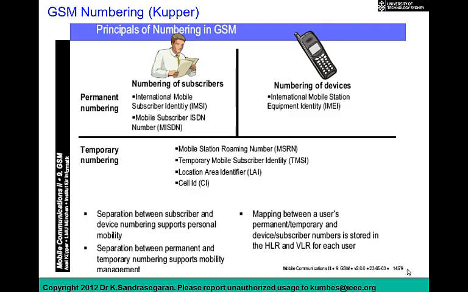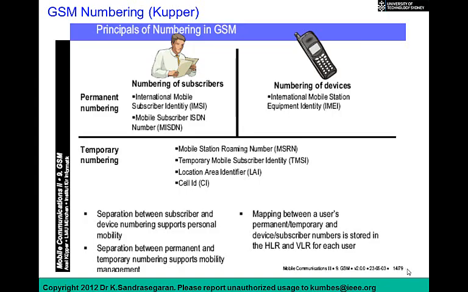We have numbers that are permanent and numbers that are temporary, and also numbers that are associated with the subscriber, and numbers that are associated with the communication device. So it's very important in terms of personal mobility to separate the subscriber numbers from the device numbers.